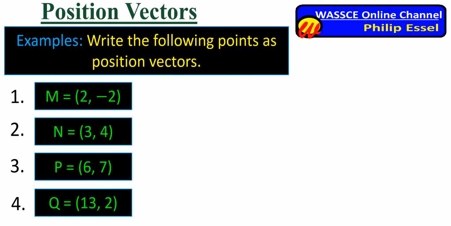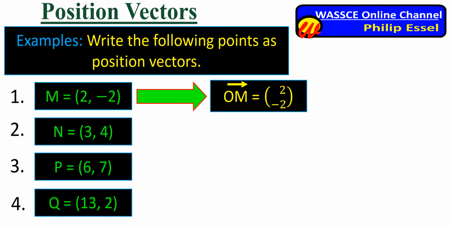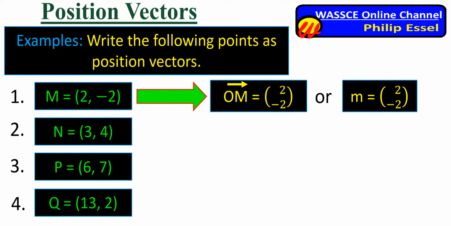Examples. Write the following points as position vectors. When we write the point M, which is equal to (2, -2), as a position vector, it will become vector OM equals (2, -2). This is the same as the vector small m equals (2, -2).